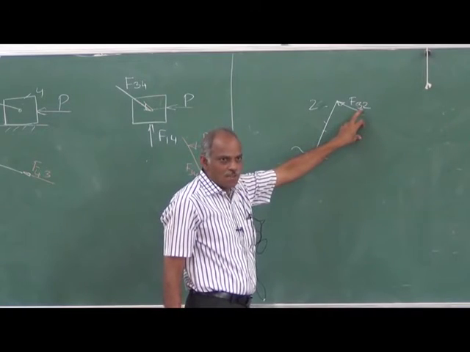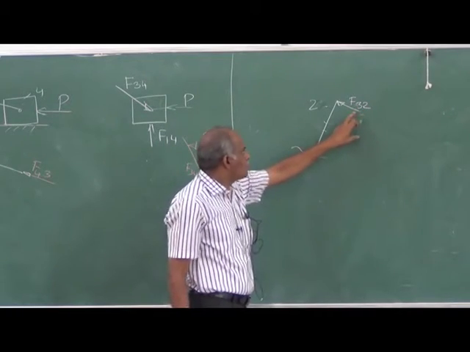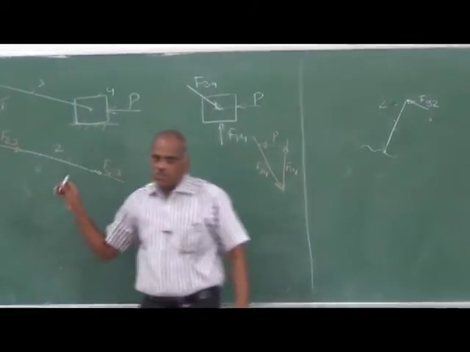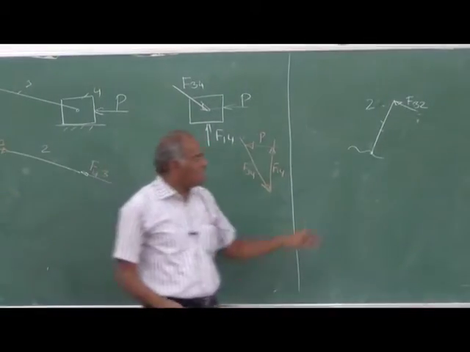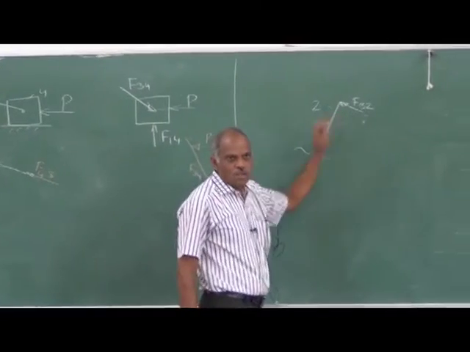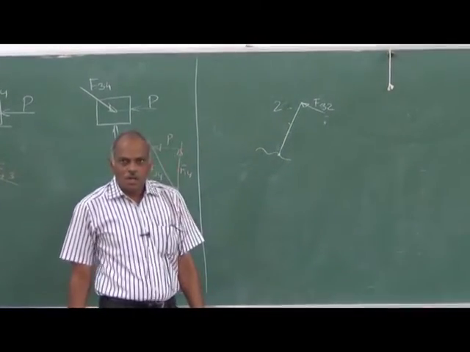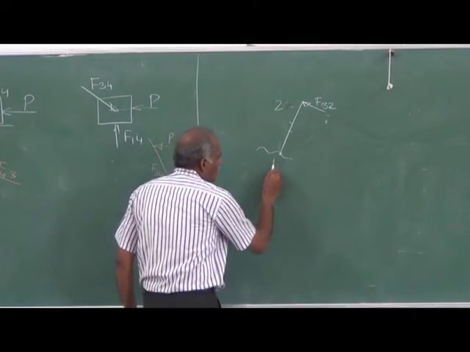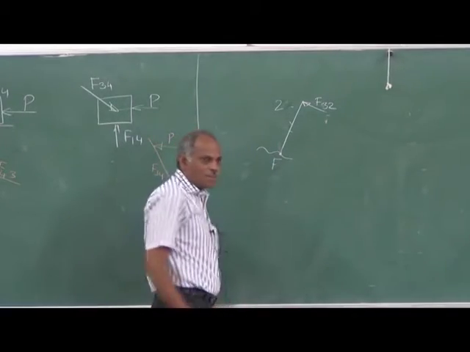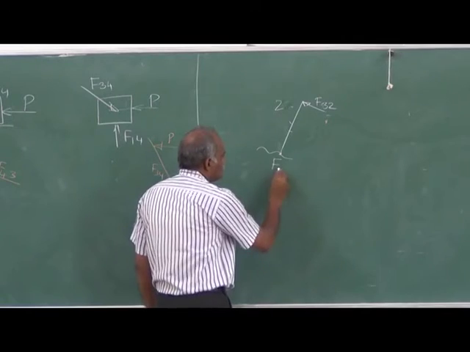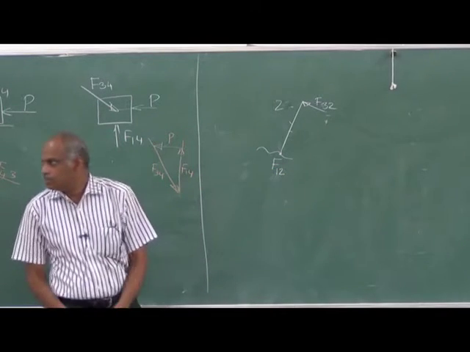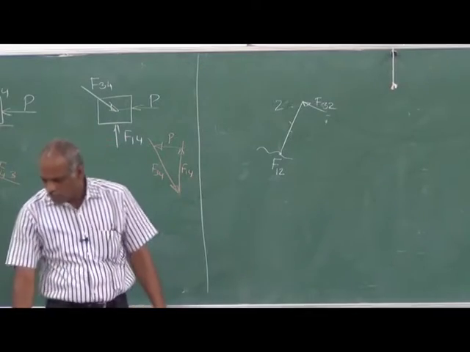So this is a force applied by 3 on 2. So that will be in this direction, so the reaction will be in the opposite direction. So that is what is shown in here. Now how to find out the reaction here? This reaction force is given by F applied by 1 on 2, F12.